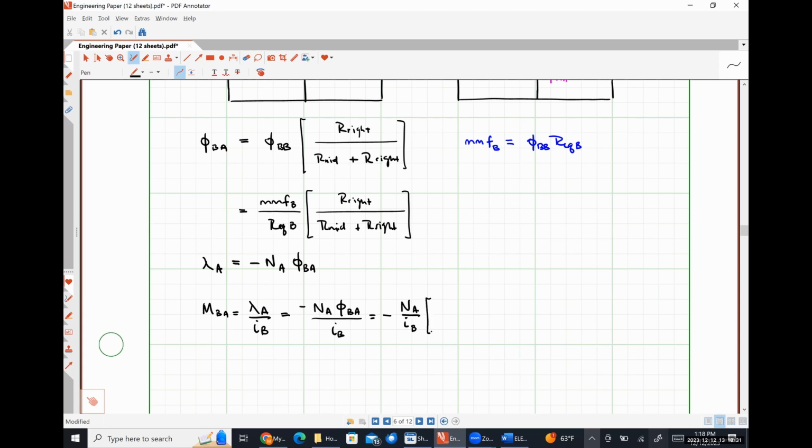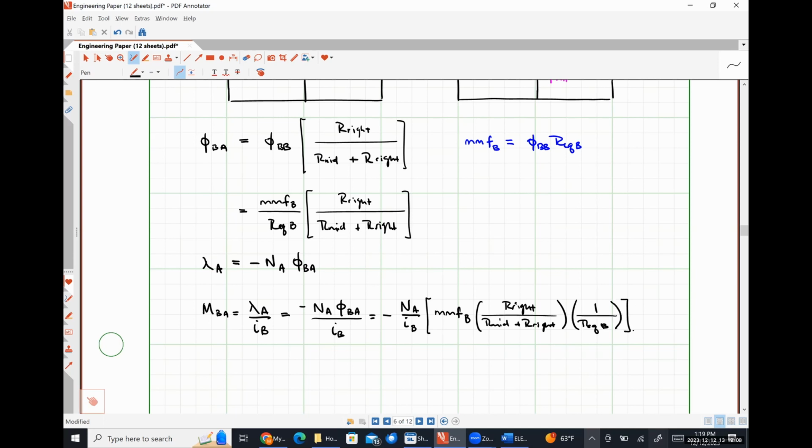Now I'm going to substitute in the MMF of coil B times R right, divided by R mid plus R right. And then over here, I'm going to have 1 over REQB.